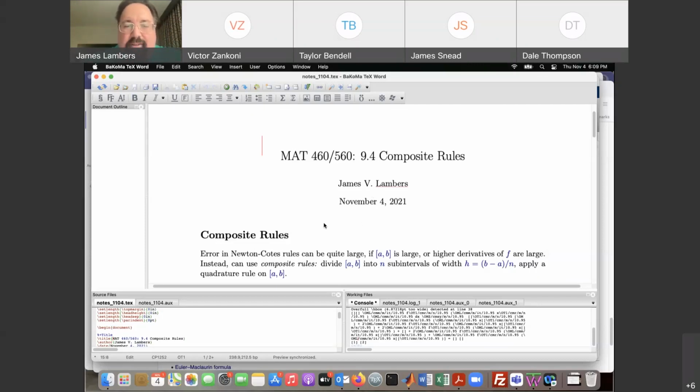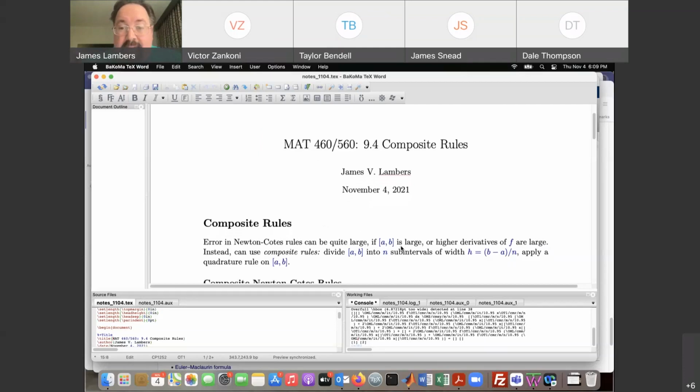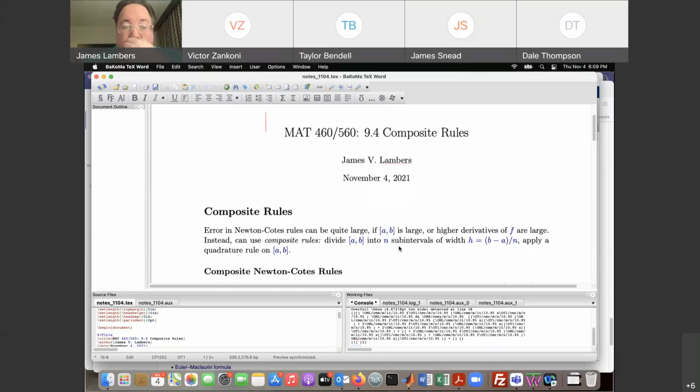So what we do here is you take the interval AB that you're integrating over, and you divide it into subintervals. And on each subinterval, you use a low degree quadrature rule, such as Simpson's rule or the trapezoidal rule. Now, as we saw in Newton-Cotes rules, I showed you error formulas for those.